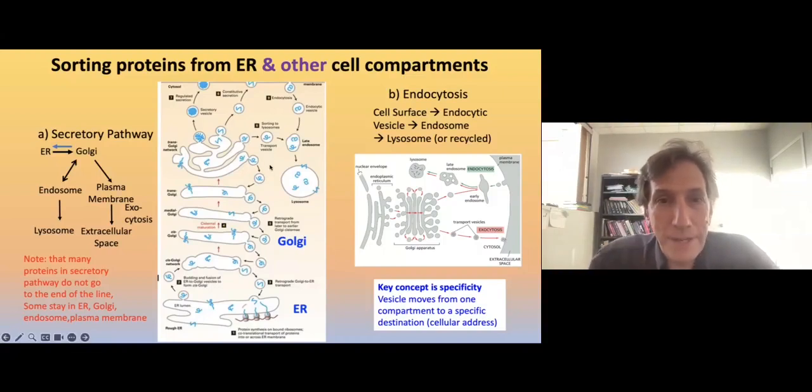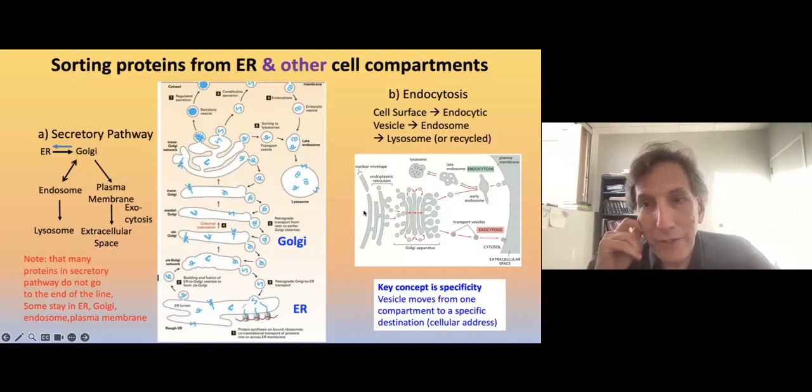So here's a very complicated diagram, and here's one that's a little bit simpler. Let's talk about this just to remind you what this pathway is like. All these proteins that are made in the ER, which is shown here on the left, move to the Golgi. So they move really to one place. But from the Golgi, and particularly from what's called the trans part of the Golgi, they move to the endosome.